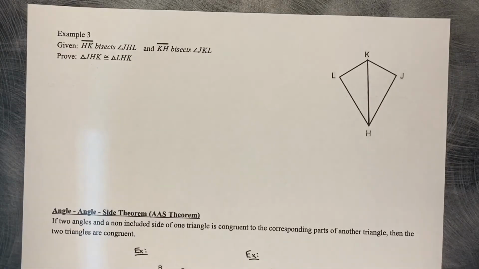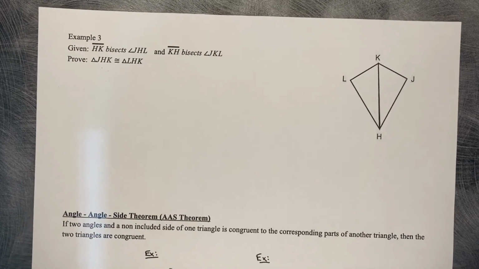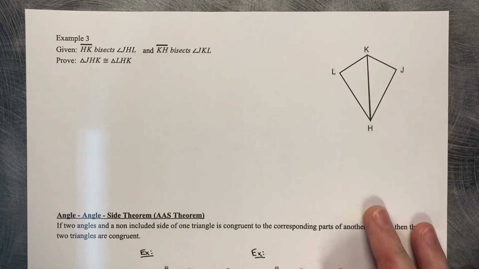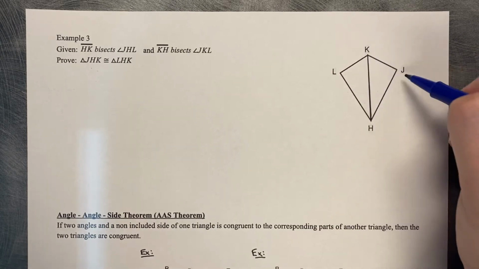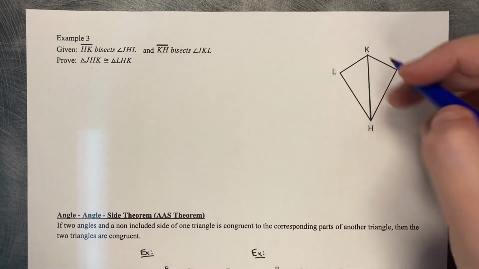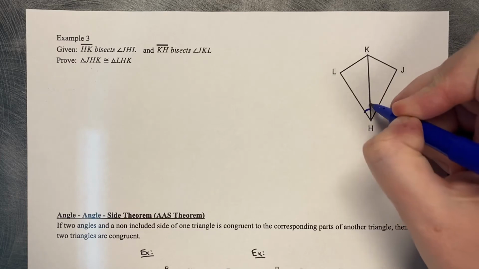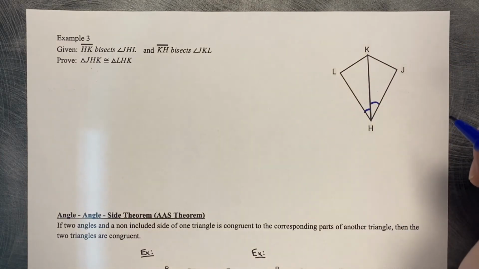So let's write the proof for this one, or use this in a proof for this guy. Okay, so it says, given that HK bisects angle JHL, so that's down here, that's saying that this angle is congruent to this angle.